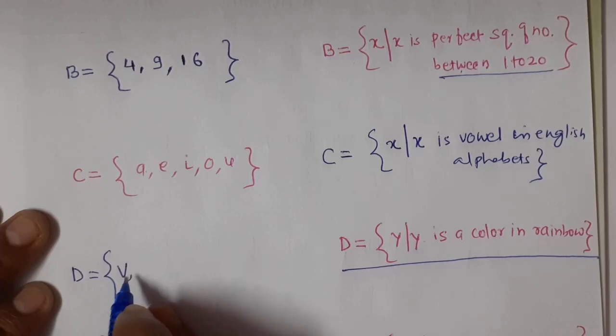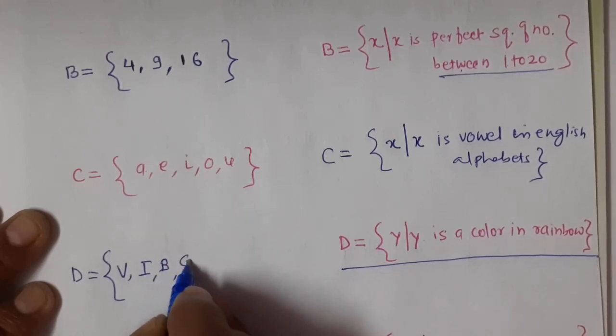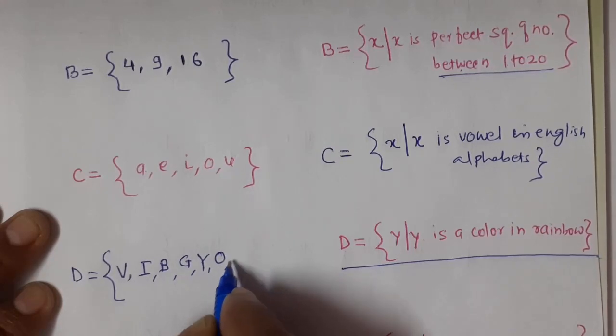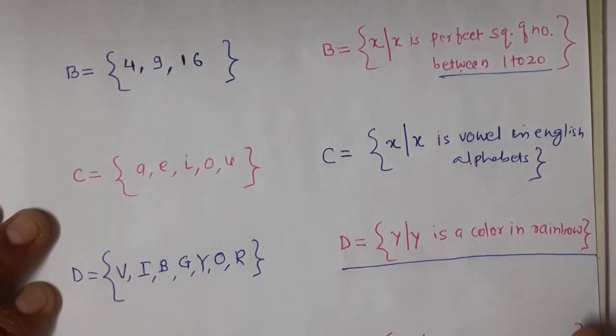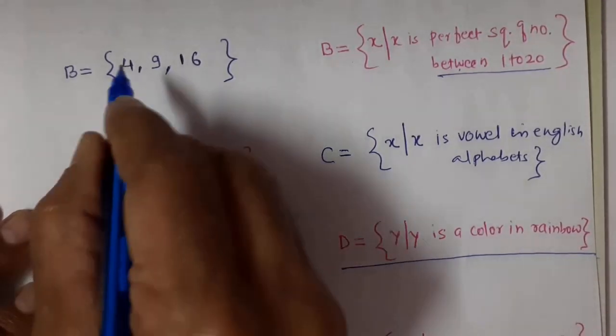V, that is violet, indigo, then blue, then green, yellow, orange, and red. Okay, these are the colors in the rainbow. So you can write it in that fashion in the listing method.